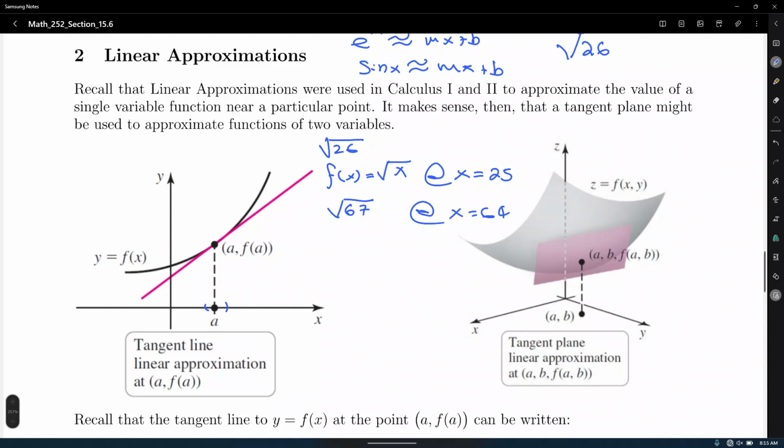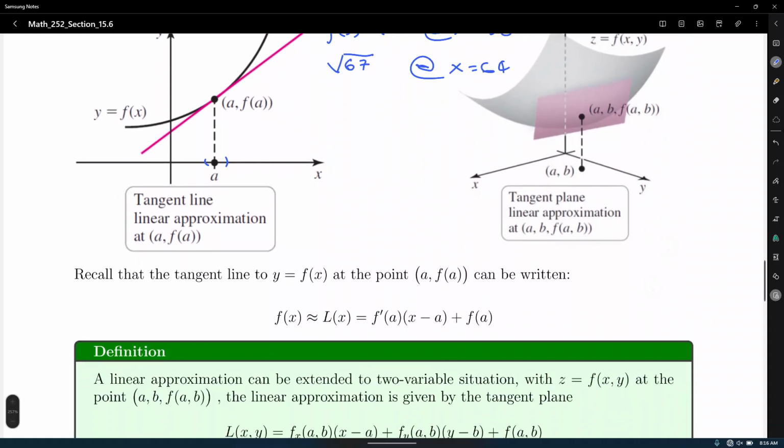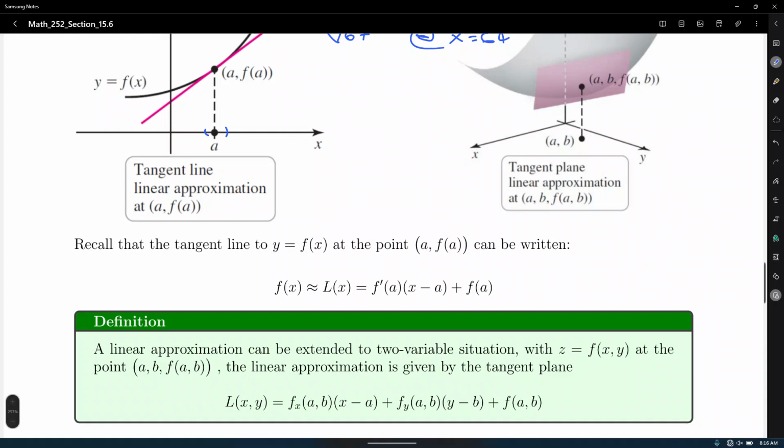But in this case, rather than approximating with a tangent line, it's going to be a tangent plane.